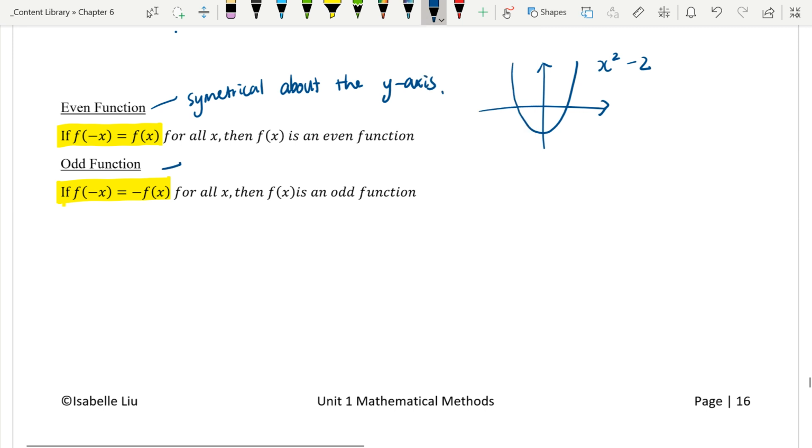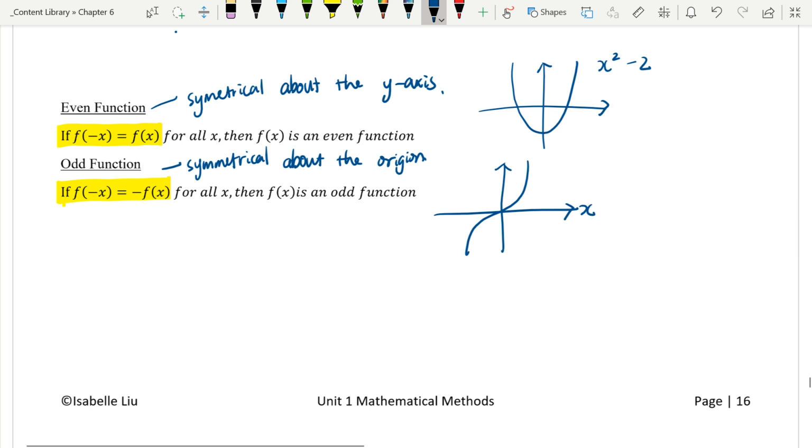But graphically this is symmetrical about the origin. So what we have is a cubic. That's symmetrical about the origin. Okay, so graphically, if it's symmetrical about the y-axis, you will have an even function.